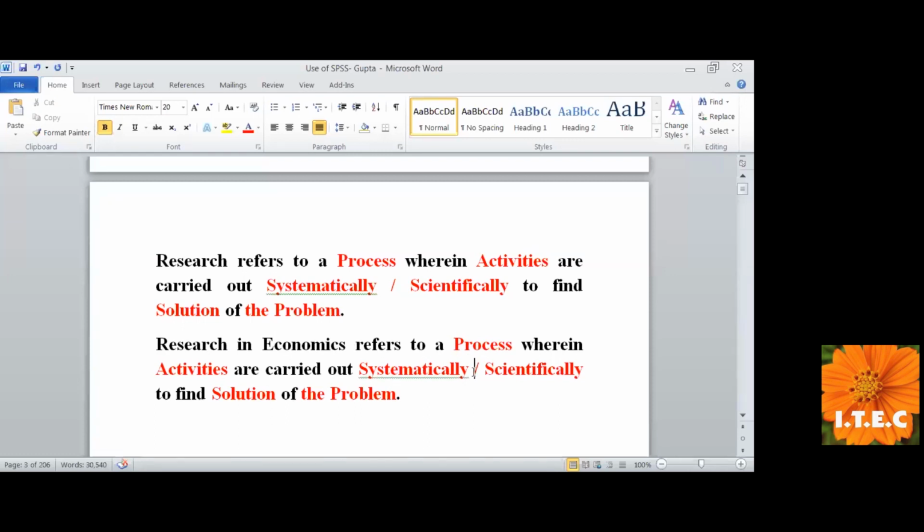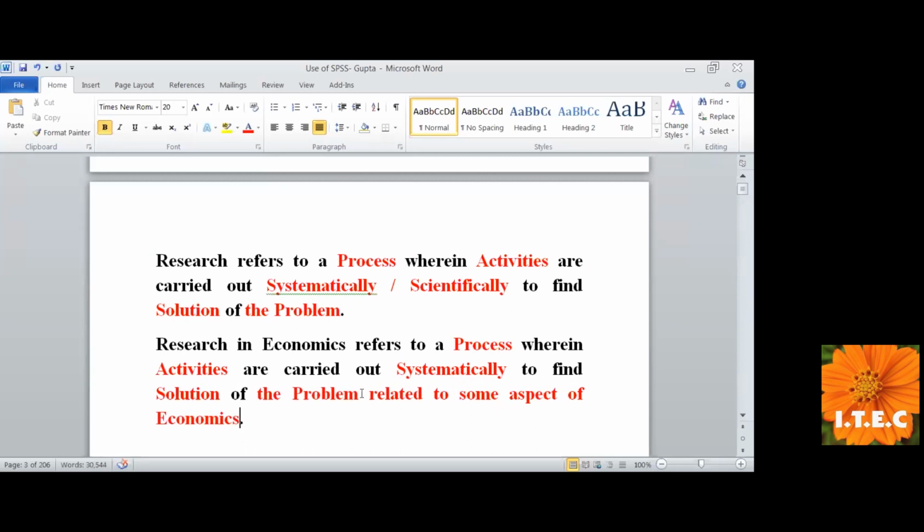If you do not want to write the word scientific, you can say systematically, to find solution of the problem related to some aspect of economics. So the problem must be related to any aspect of economics. It cannot be in political science. If you want to work in economics, it has to be in the economics.